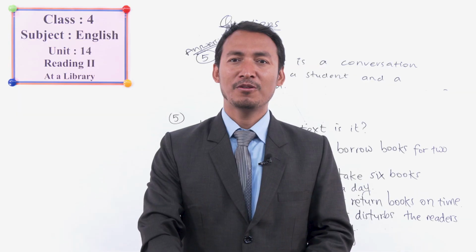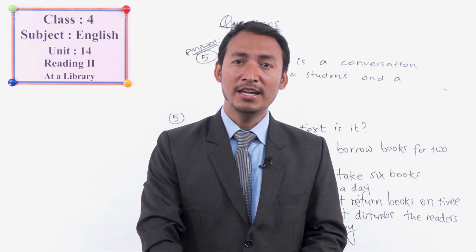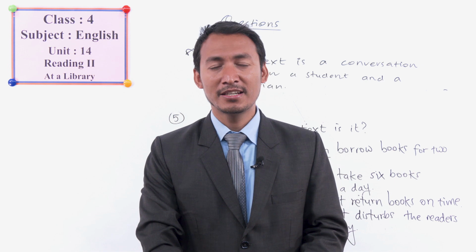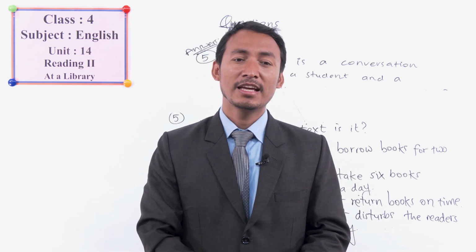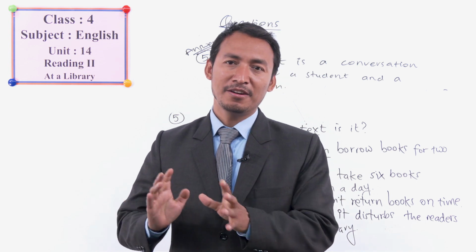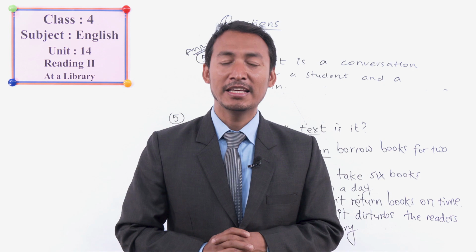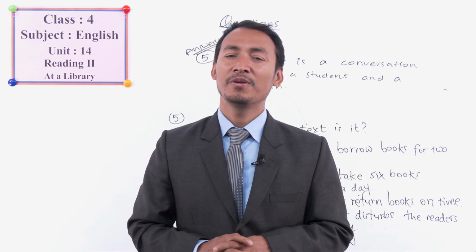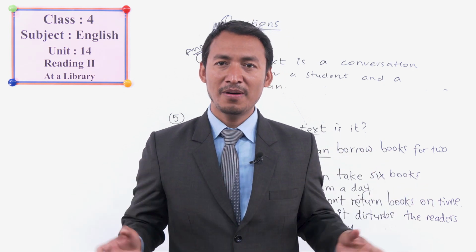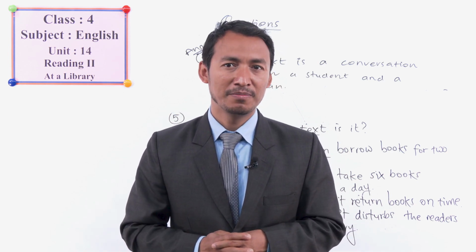Okay, students, we have come to the end of today's lesson. In today's lesson, we talked about the reading 2 section, and in this reading we had a library conversation. The title of the reading was At a Library, and in that text we learned about how to get permission from the library to take books.